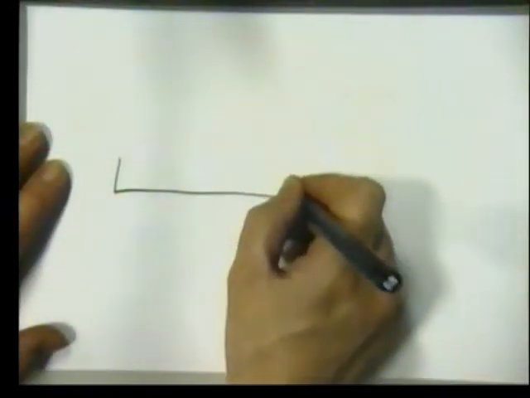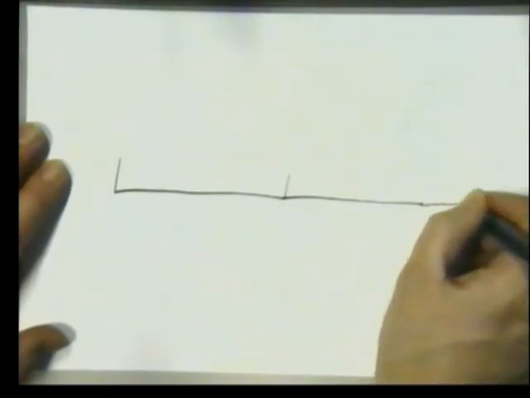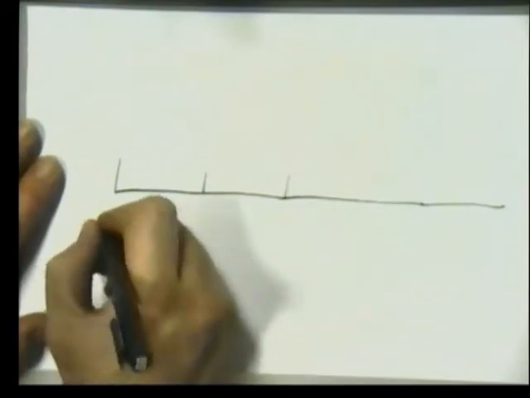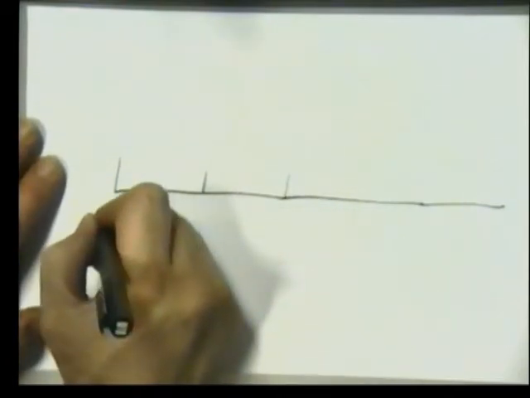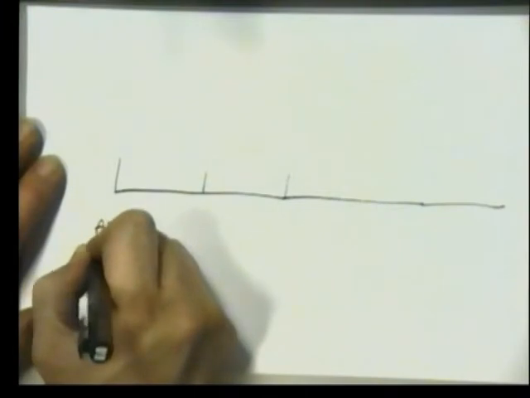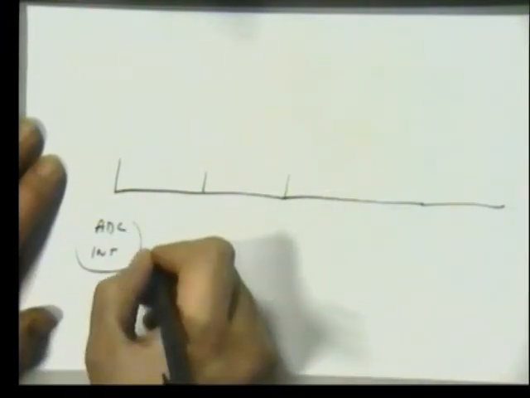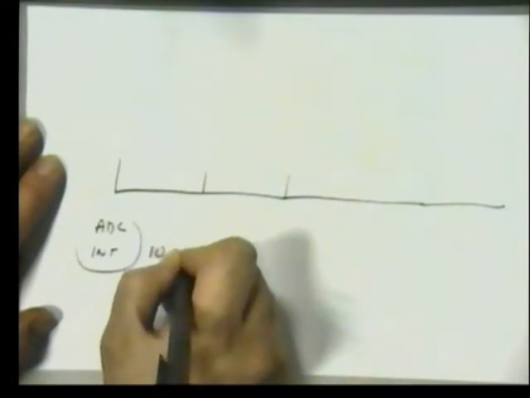Now, before we finally complete this, we must give some consideration to timings. How much time is there available for an interrupt to occur? Well, let's assume here's a real-time system, and I'm going to assume that this is an ADC interrupt, and let's assume that we have to sample the data once every 10 milliseconds.